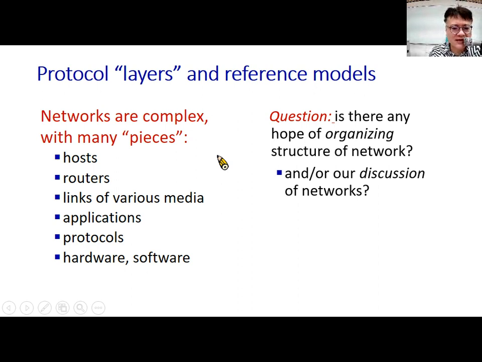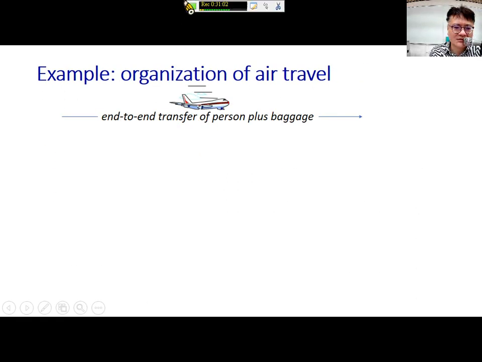So the question is, is there any way of organizing the structure of the network and our discussion about the network? Later we can have an example of the organization of air transport for discussion on the last page.